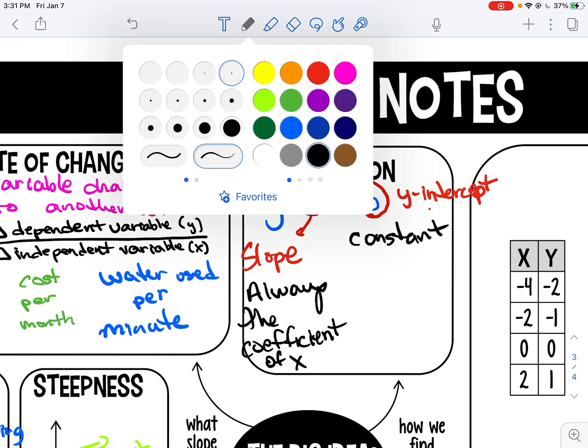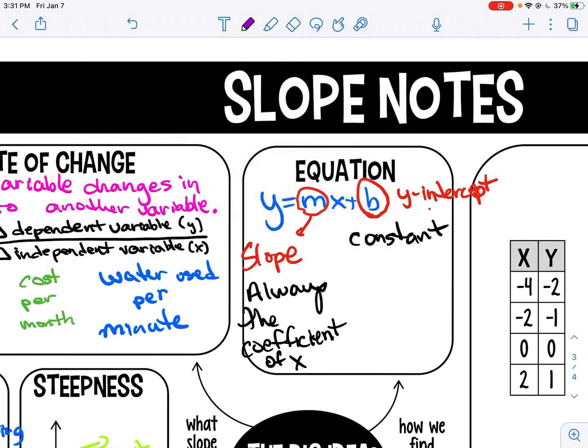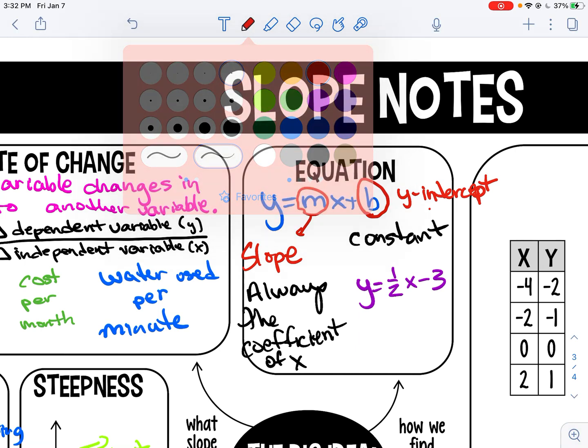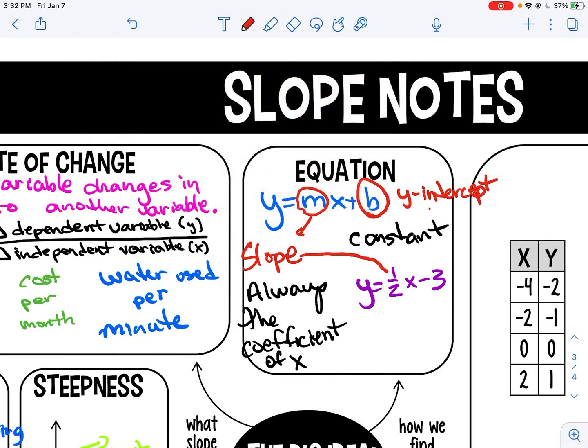So if I was given the equation y equals 1/2 x minus 3, my slope is the 1/2, my y-intercept is the -3. But remember, when we talk about y-intercept, we write it as a point, (0, -3).